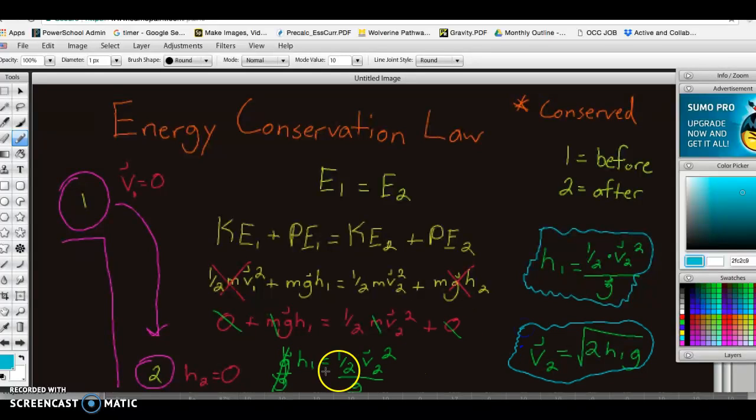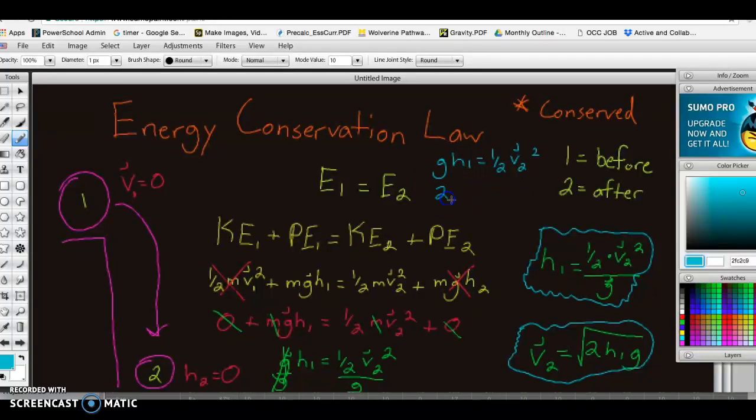All right, and then just to show people how I got that equation, I started back with where I had GH1 equals 1/2 V2 squared. So all I did was solve for V2. I had to multiply by the 1/2 on the other side.